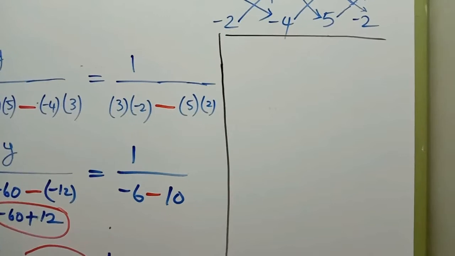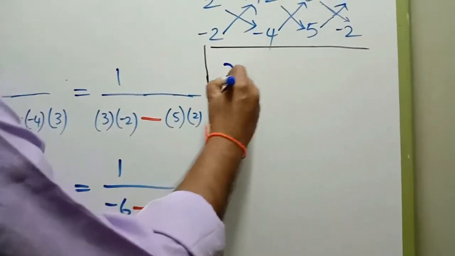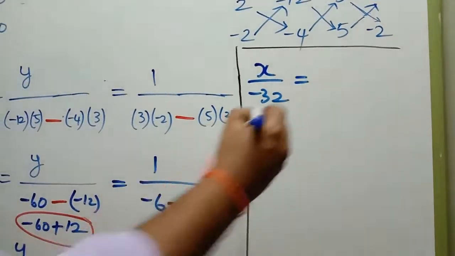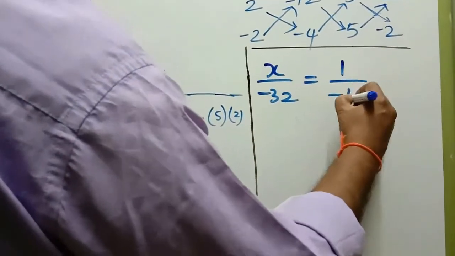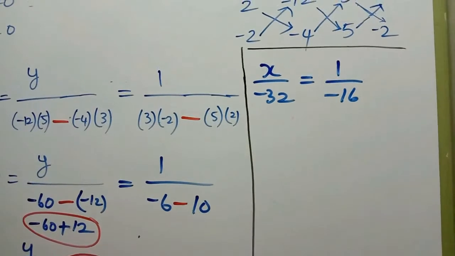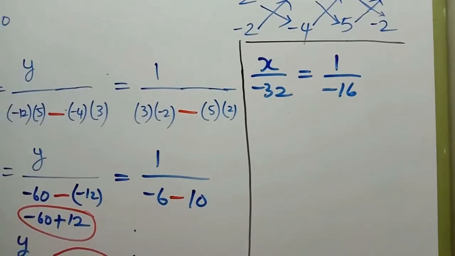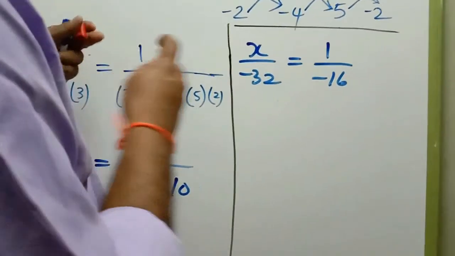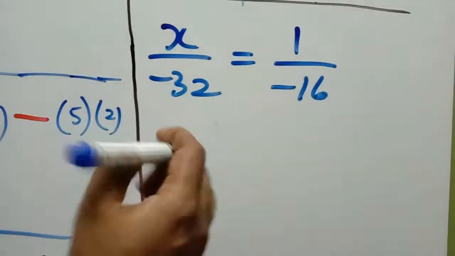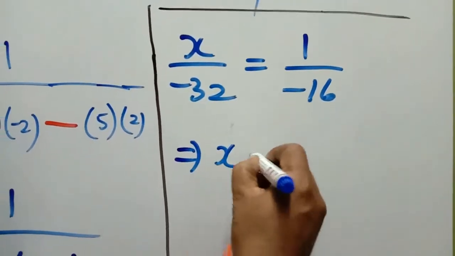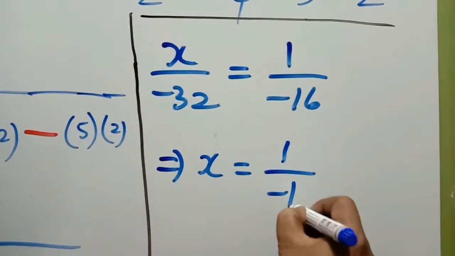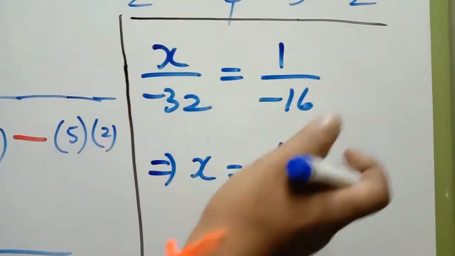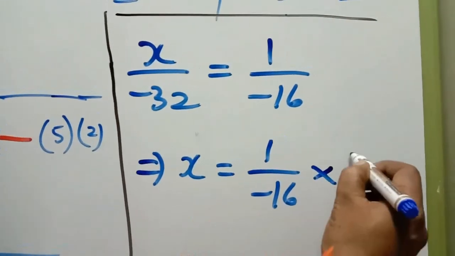So the first one is x by minus 32 is equal to 1 by minus 16. First ratio is equal to third one. Now I'll get the x value. So x is equal to 1 by minus 16, the by minus 32 will be transposed into minus 32.